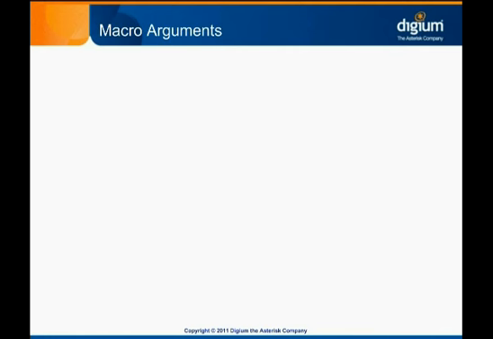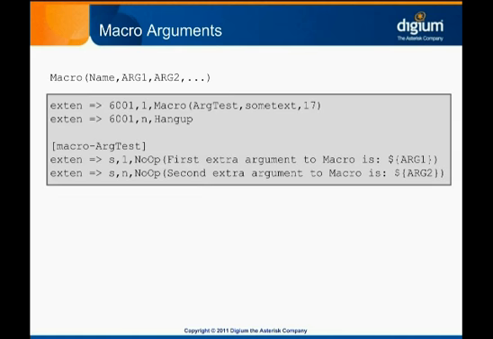In the example in the last slide, the macro name was the only argument to Macro, but you can optionally provide additional arguments separated by commas. These arguments can be strings, numbers, and variables. The arguments will then be stored in channel variables that can be referenced in the macro. The variables are called ARG1, ARG2, and so on. In this trivial example, the extension 6001 calls a macro named argtest and passes the additional arguments of someText and 17.